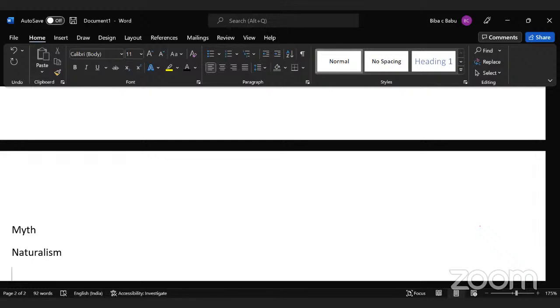Naturalists believe that human characteristic features, what we are, are determined and governed by nature. Nature determines how humans behave. Nature determines how the human characters are formed. That is naturalism.